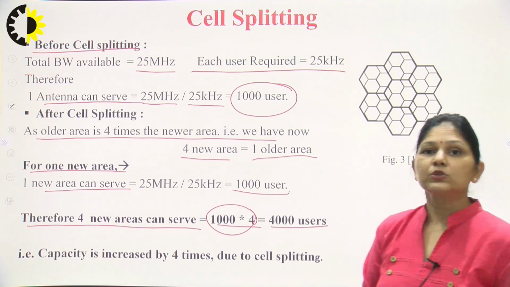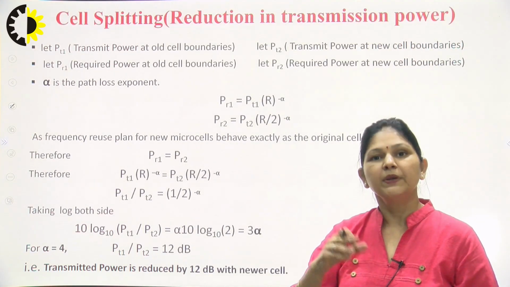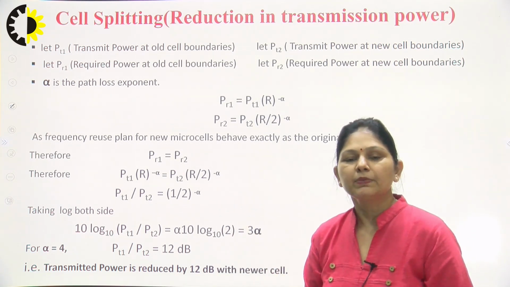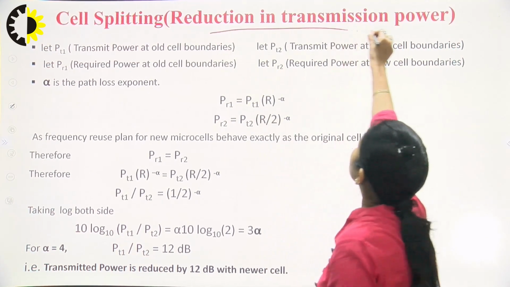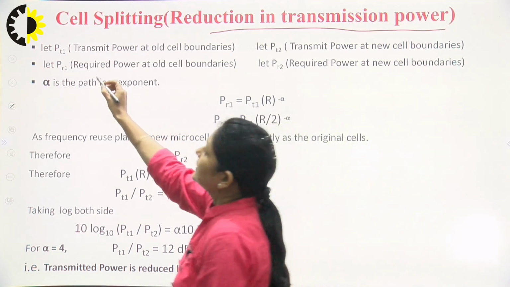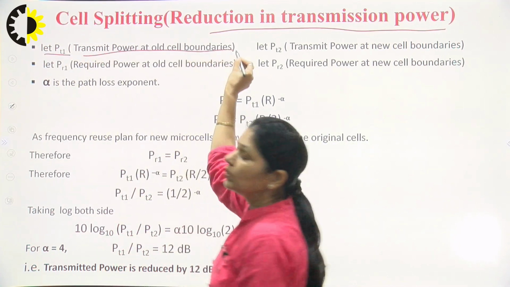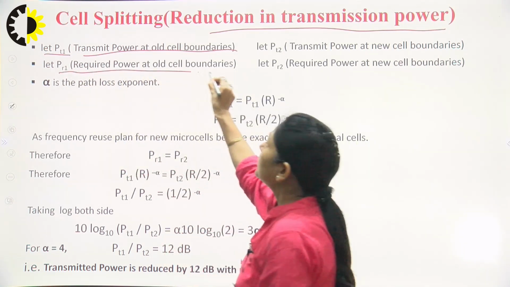Another condition is also there: cell splitting also decreases the power emitted by a transmitter. We will see with the help of this example how it is affecting the power. Reduction in transmission power with the help of cell splitting. Let PT1 be the transmit power at the old cell boundary and PR1 the power required at the old cell boundary.